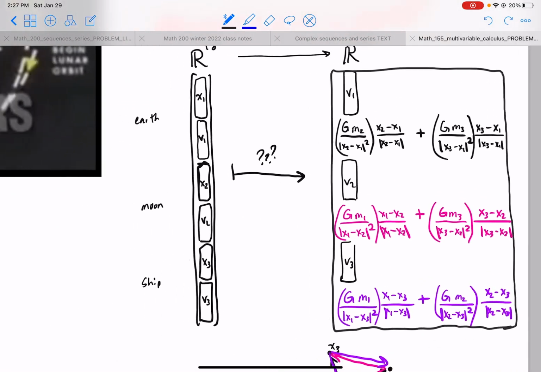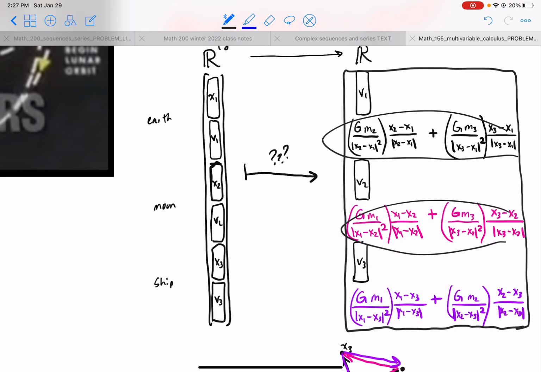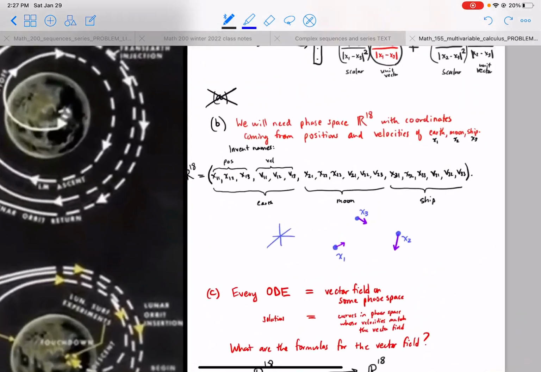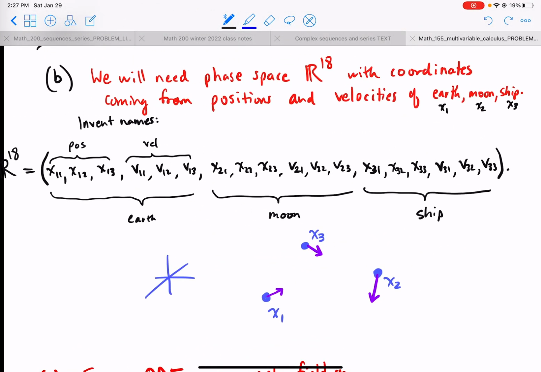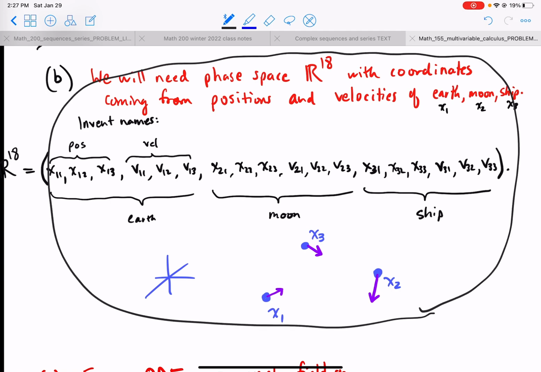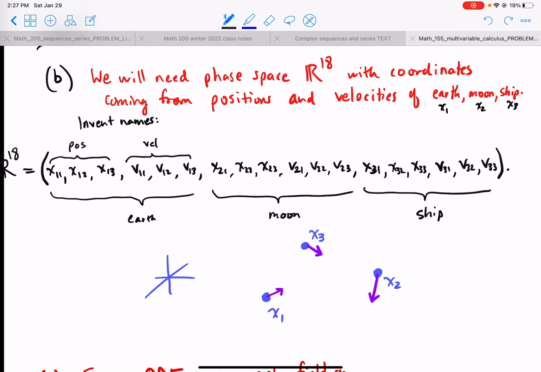So anyway, the rest are more complicated. You know, this one, and this one. But they're linear combinations of vectors, and we've gotten pretty good at that so far. Yeah, so that's it. So I guess the only thing you really require is that you need to know what these coordinates are on this phase space, R18.